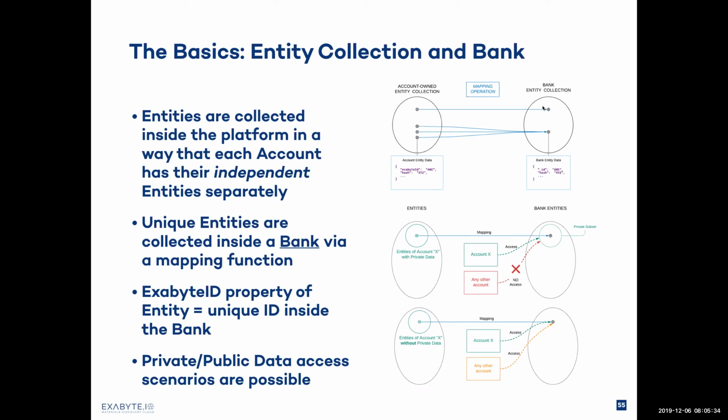Now, unique entities from the account-owned collections are also collected inside a bank using a mapping operation. So when I create the silicon, the FCC as a material with 4.5 angstroms as a lattice parameter, and somebody else creates exactly the same structure for silicon, then both of the structures will be mapped into a single entity inside materials bank.